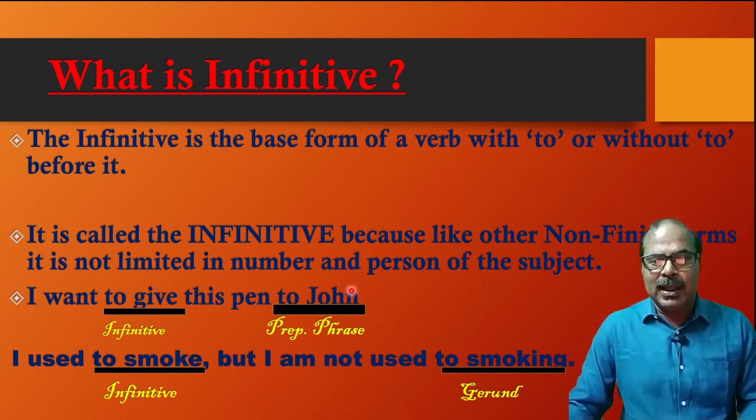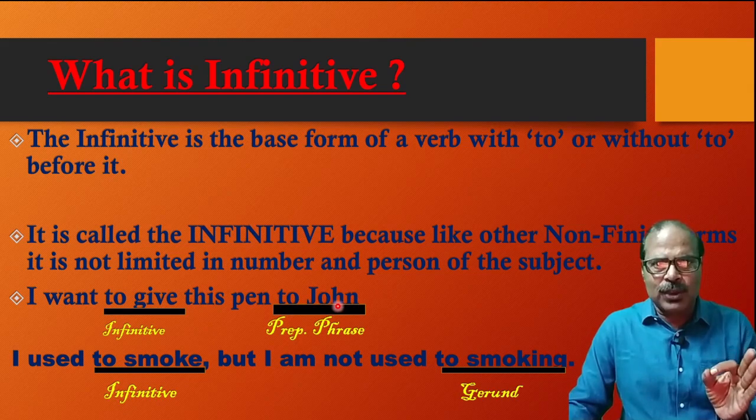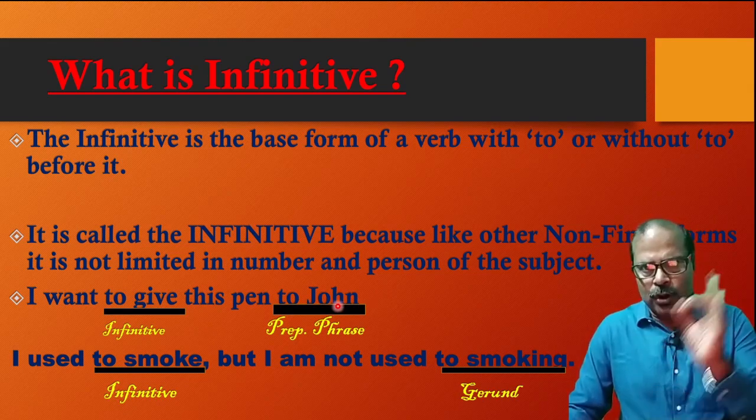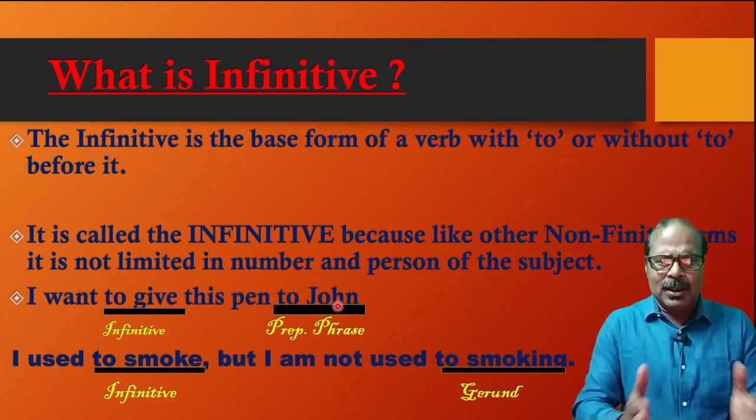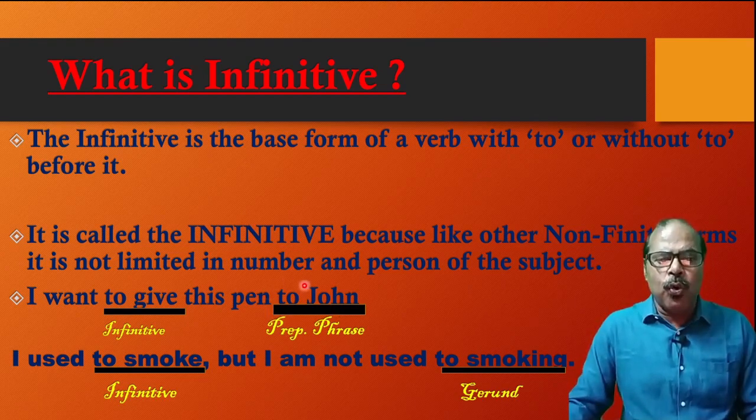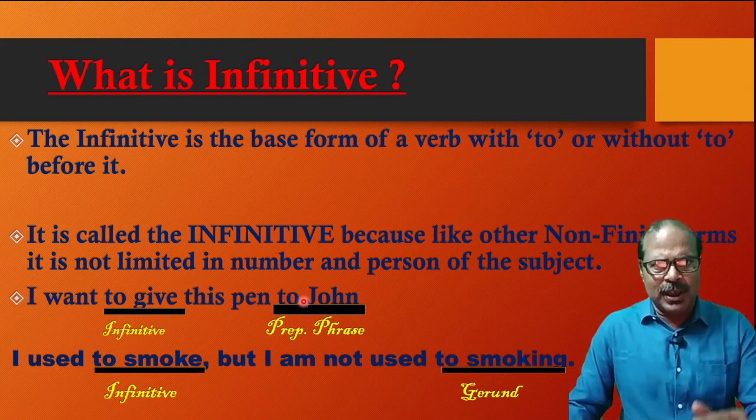In the second case, to is followed by a noun, John. So in the second case, to is a preposition because it is positioned before a noun.